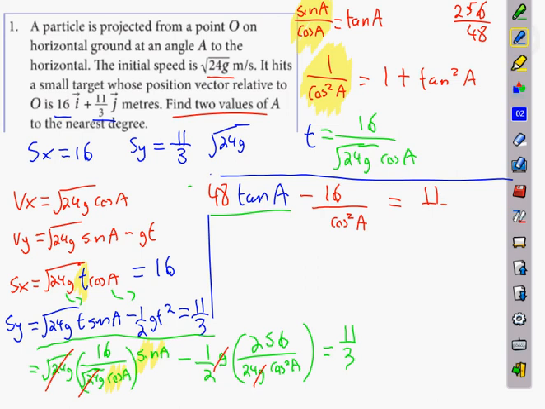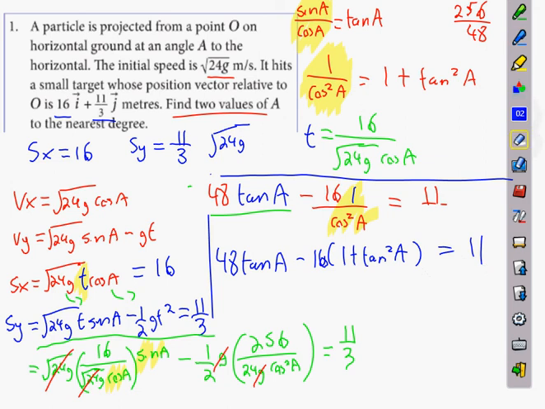It's basically 16 times 1 over cos squared alpha, which in turn will make this 48 tan alpha minus 16 times 1 plus tan squared A, and that all equals 11. Right?